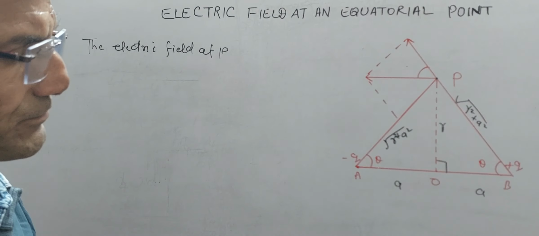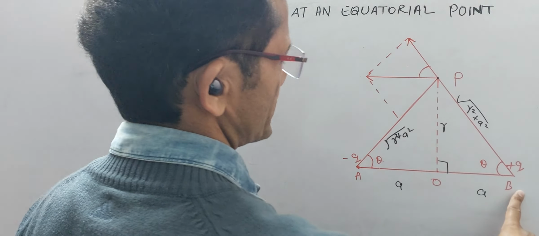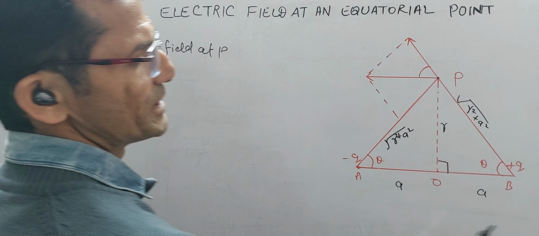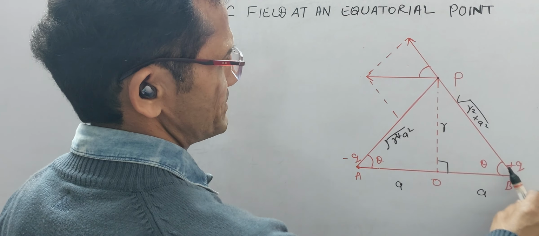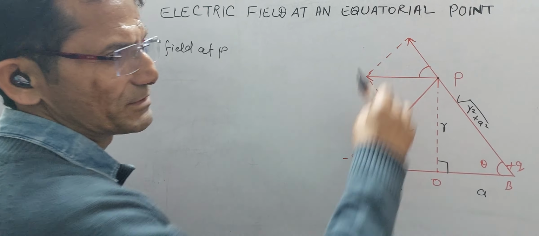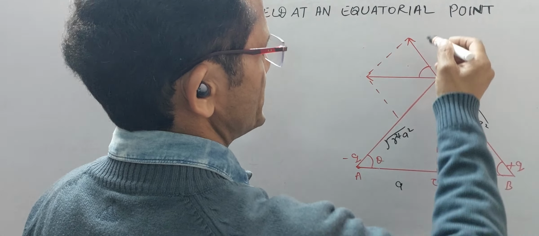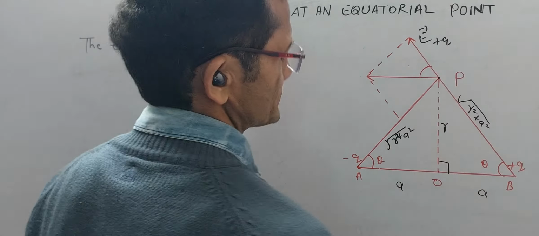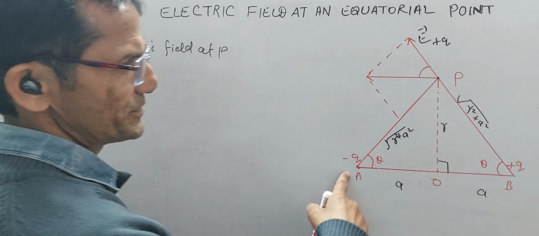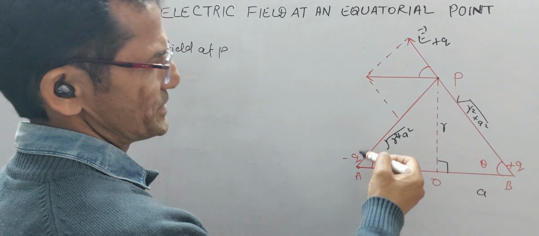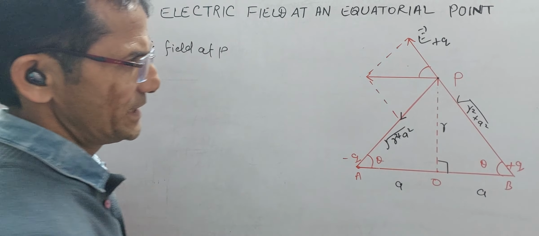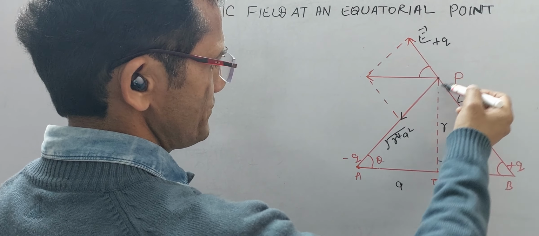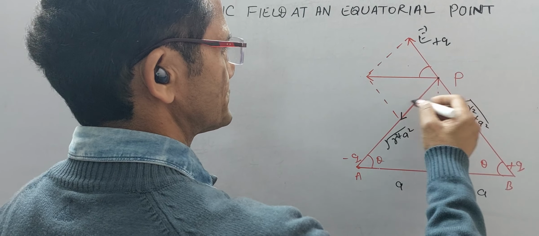Now plus q, a positive charge, the electric field is away from the charge. So the electric field at the point P due to this positive charge will be from B to P. It has the value E plus Q. The electric field due to minus Q at the point P is toward the minus Q, along the direction of PA.